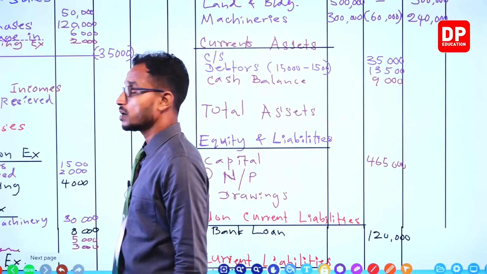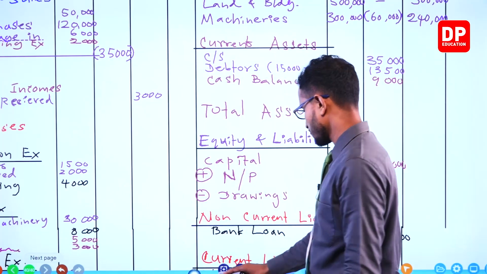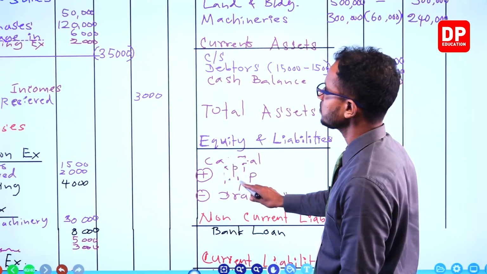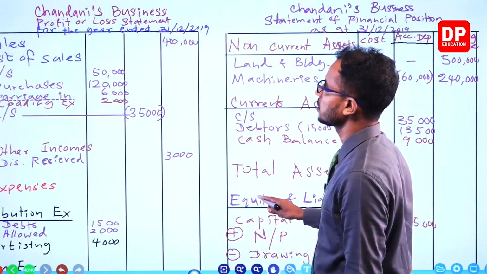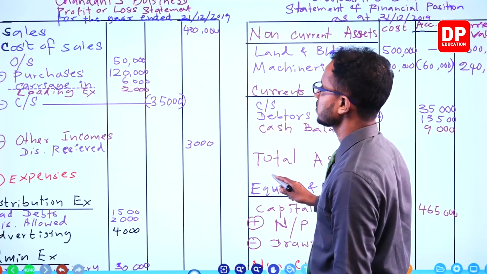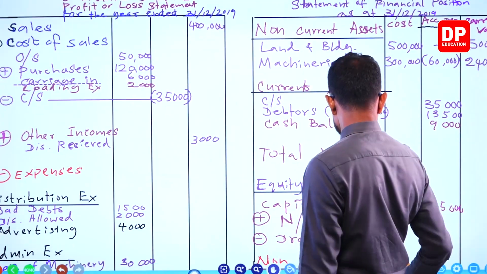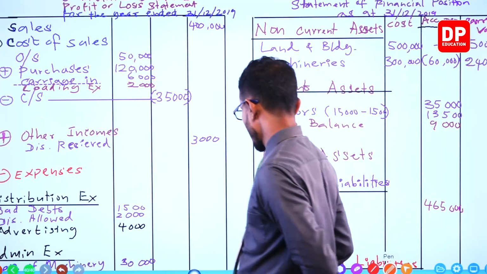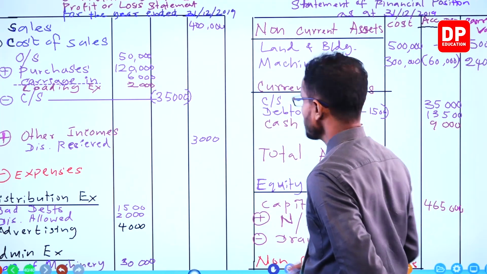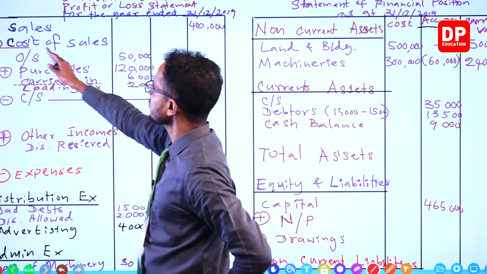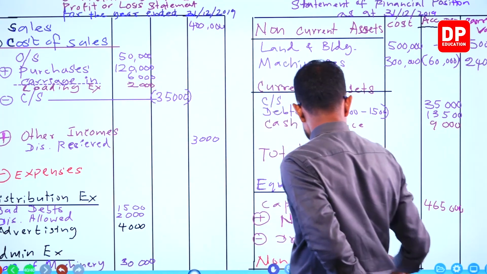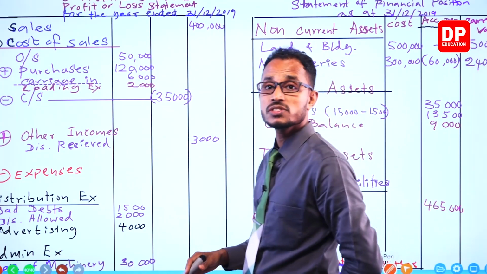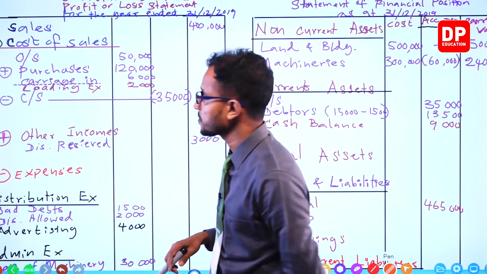Now we have to start the calculations from the top. First, get the cost of sales and subtract from sales so you can get the gross profit.